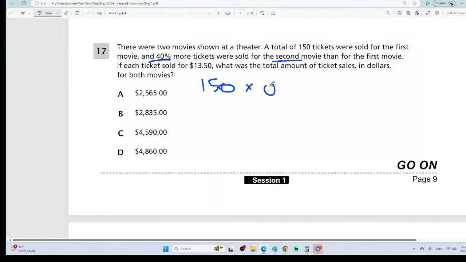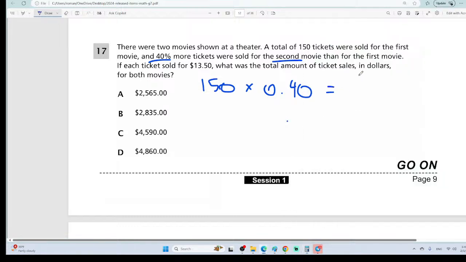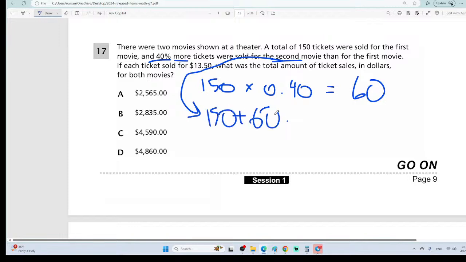So it's 150 times 0.40, which is 60. They say more, right? 40% more, so 60 more. So on the second day, they did 150 plus 60, which is 210.